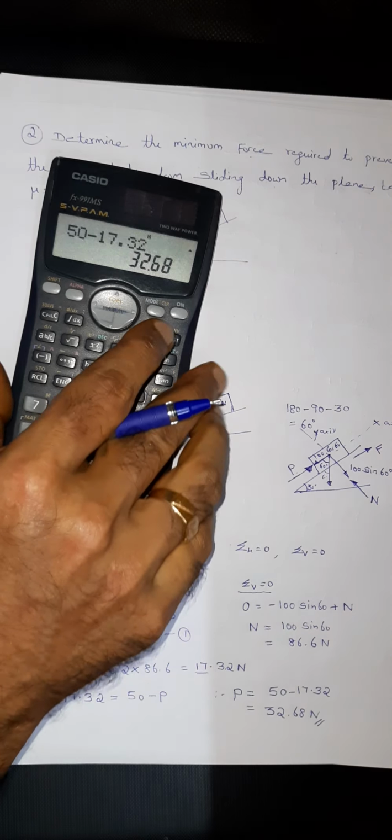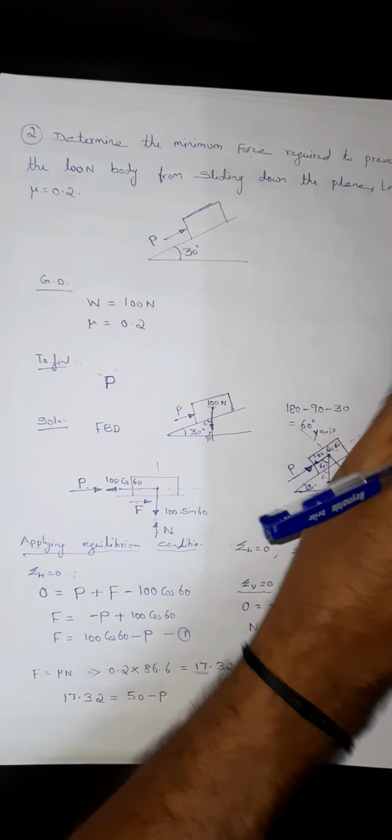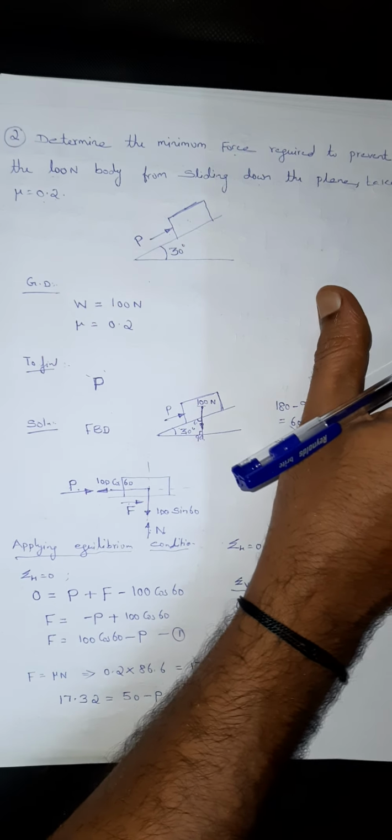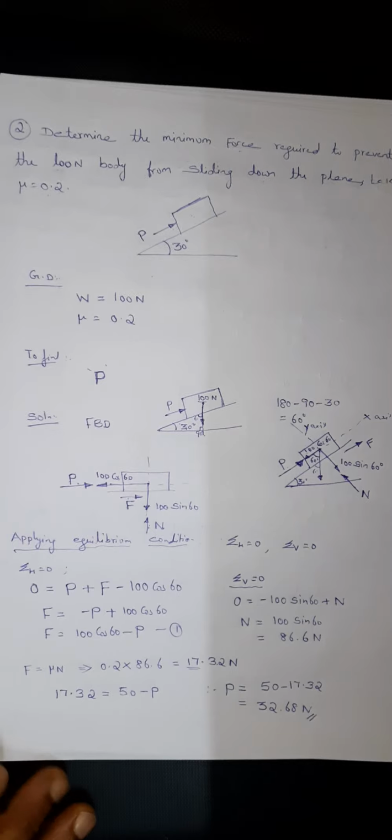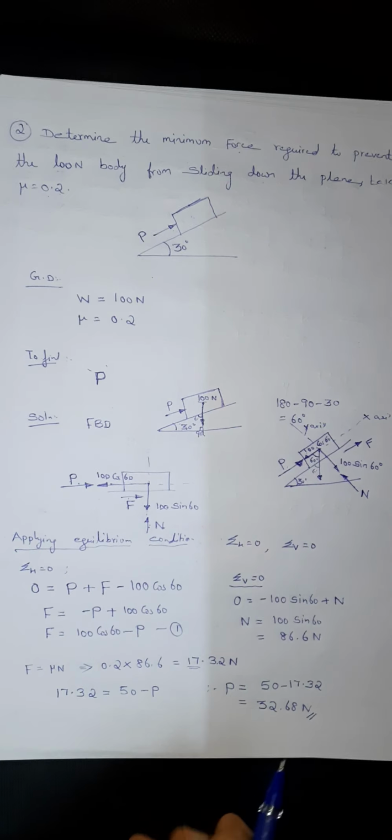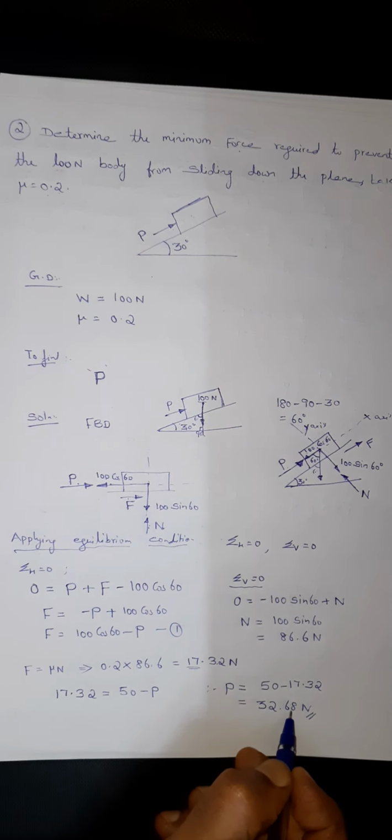So the minimum force required to prevent the object from sliding down the plane is 32.68 Newton.